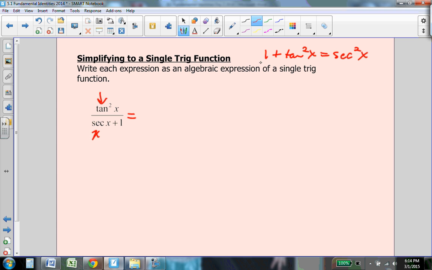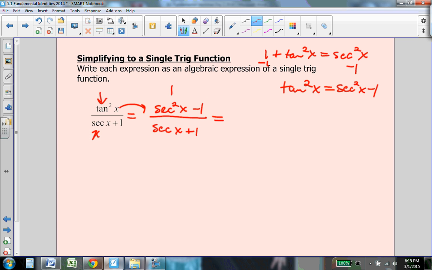I don't have the 1, so if I subtract the 1, that tells me that the tangent squared is the secant squared of x minus 1. So I'm going to replace it with the secant squared of x minus 1, and that's over the secant of x plus 1.